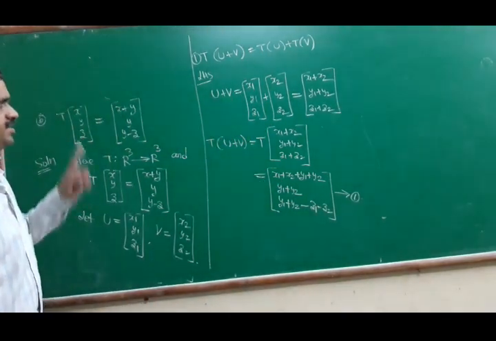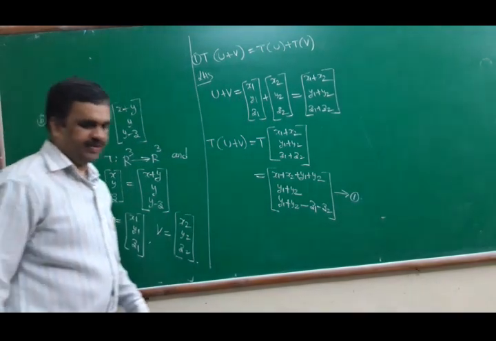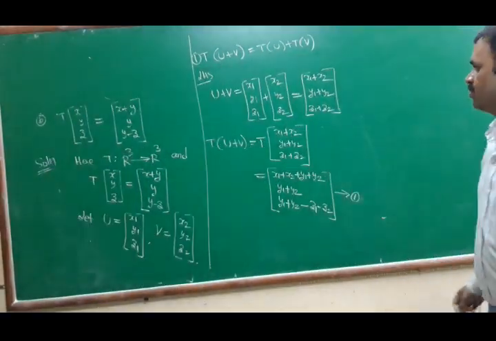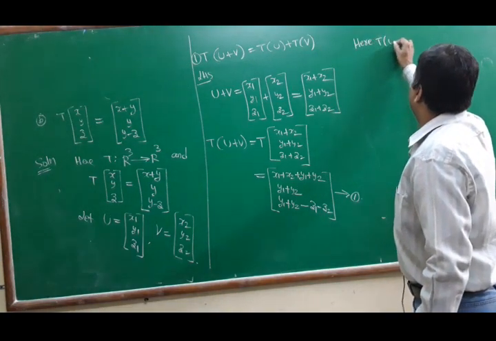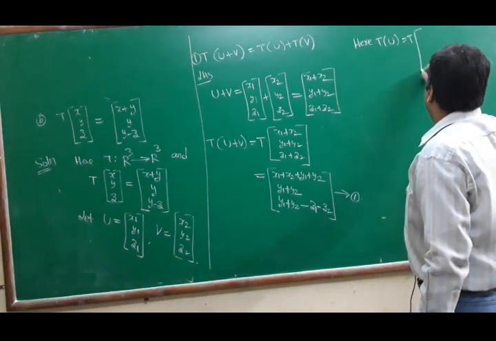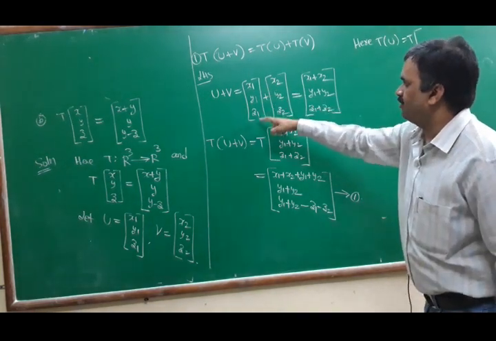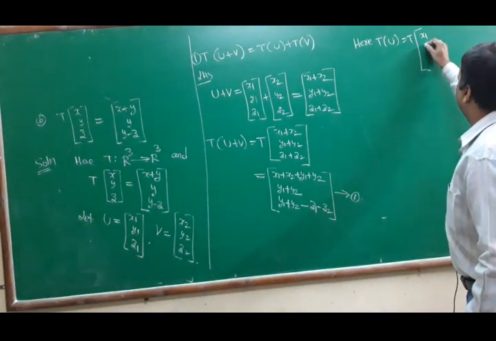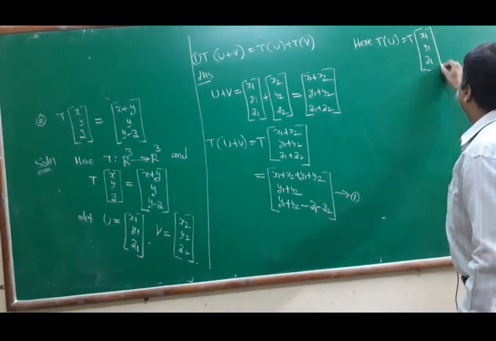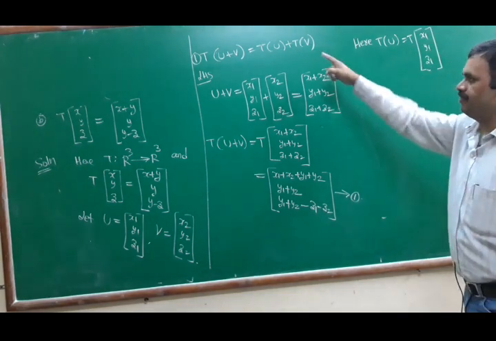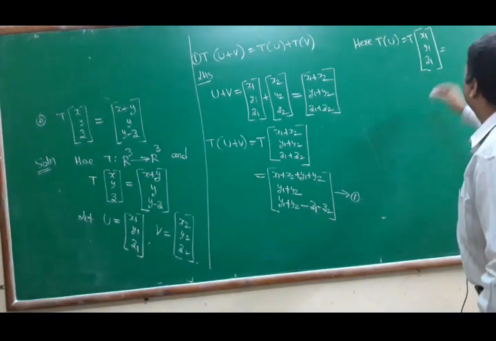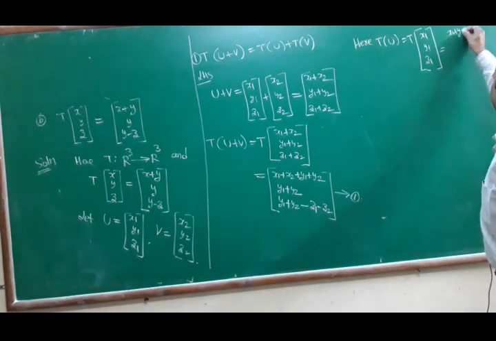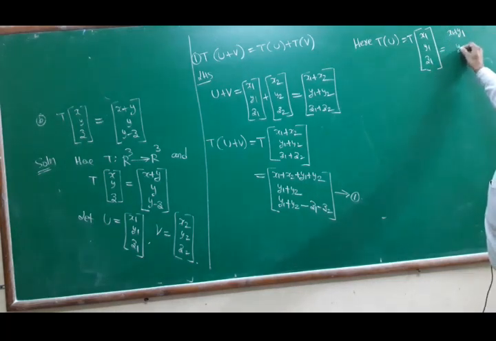Or right hand side, T of u plus T of v. Here T of u equal to T of x1, y1, z1, and we already have the condition: x1 plus y1, y1, y1 minus z1.